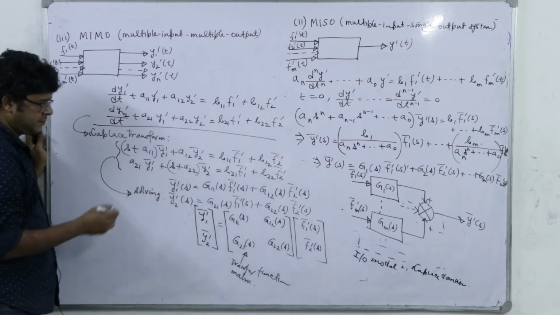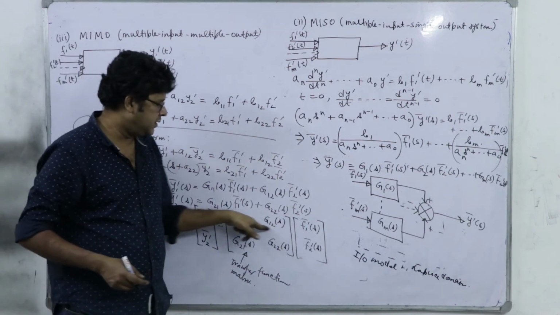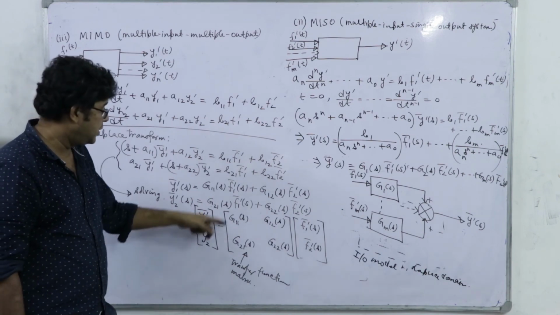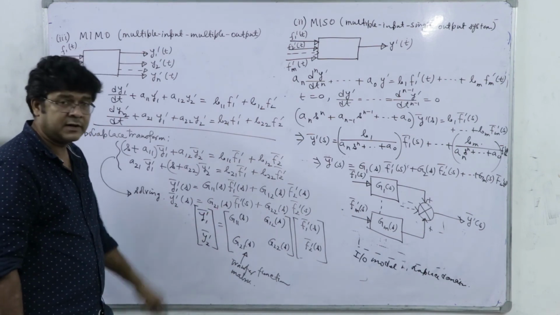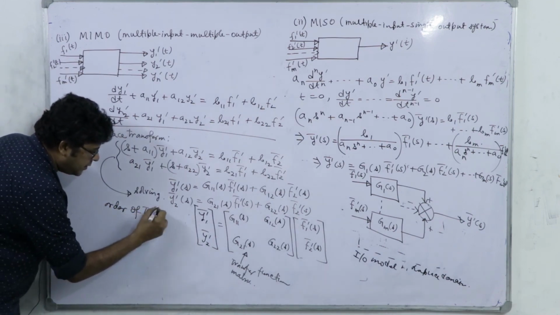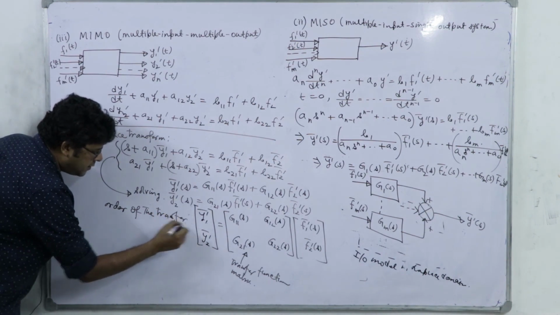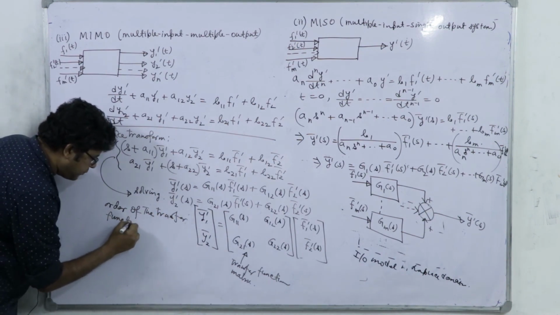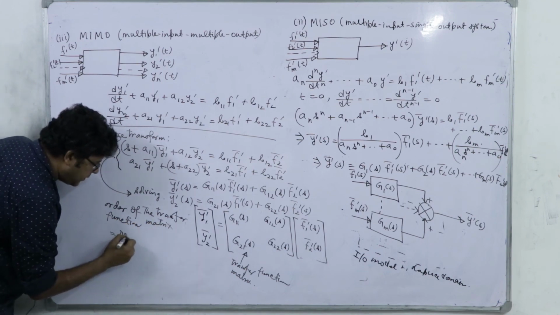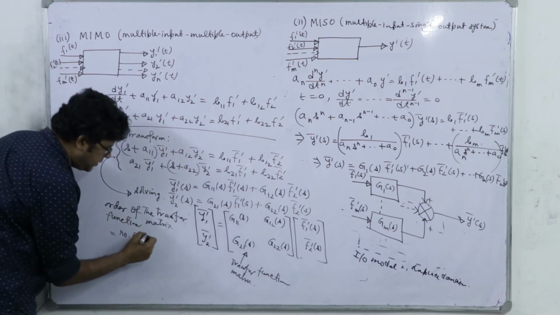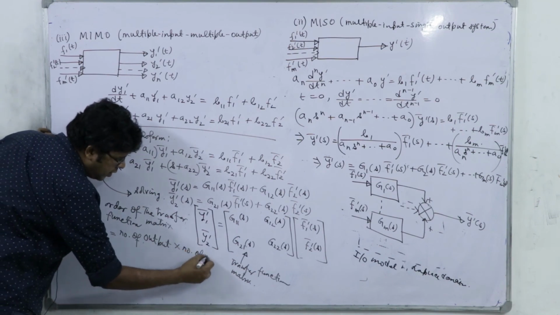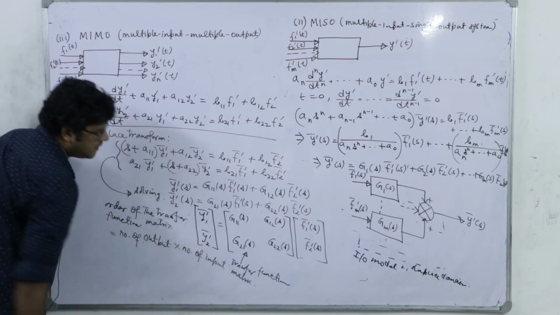And order of the transfer function matrix: the number of columns must match with the number of inputs, whereas the number of rows must match with the number of outputs. So order of the transfer function matrix is the number of outputs multiplied by the number of inputs.